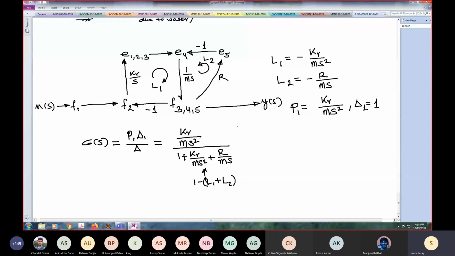So we multiply both sides, top and bottom, by ms square. So what we get is Kr over ms square plus Rs plus Kr. Same thing as the single degree of freedom oscillator, only the top term is Kr. All right, this is the open loop transfer function.